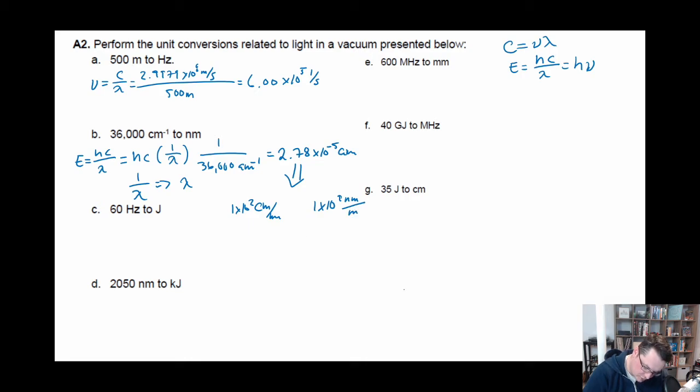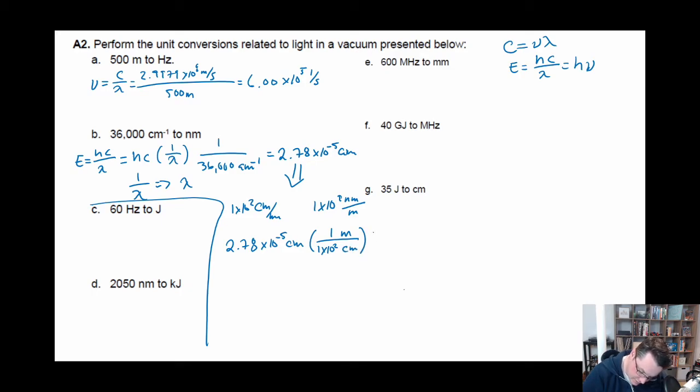So if we want things to all cancel out, this has to get flipped. So now we just simply take 2.78 times 10 to the negative 5th centimeters, multiplied by 1 over 1 times 10 to the 2, which is meters per centimeter, and then this right here gets multiplied by 1 times 10 to the 9th nanometers per meter.